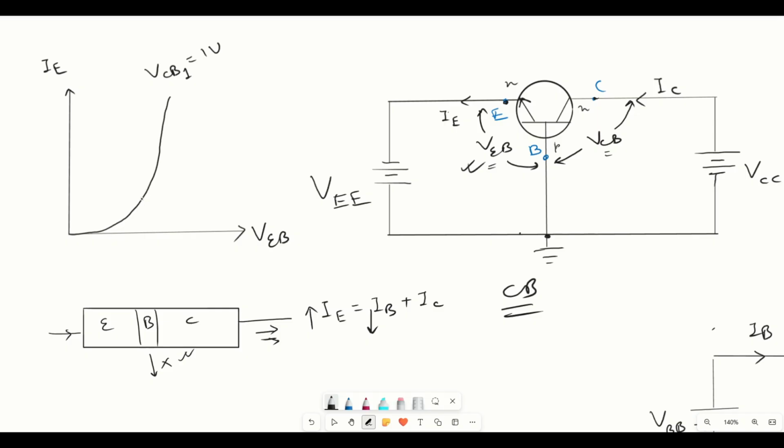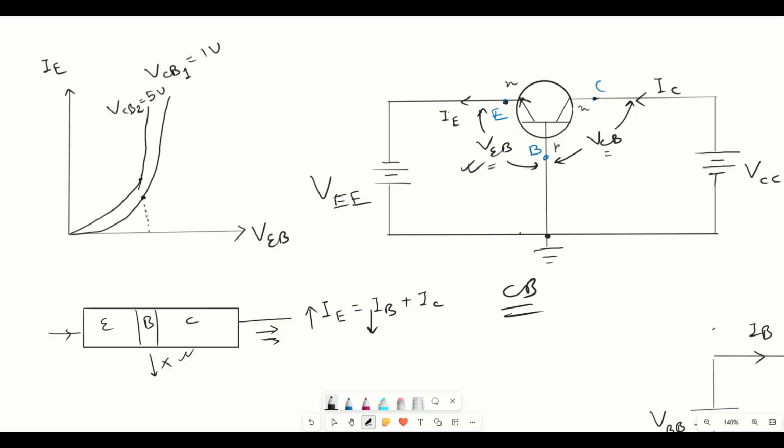So initially if we have a current across this point, next time we will be getting a higher value of current. So that means the graph will be shifting towards the right. So this is VCB2, suppose 5 volt.